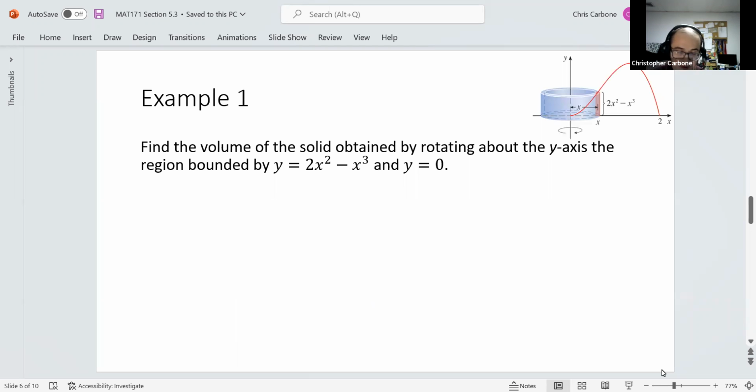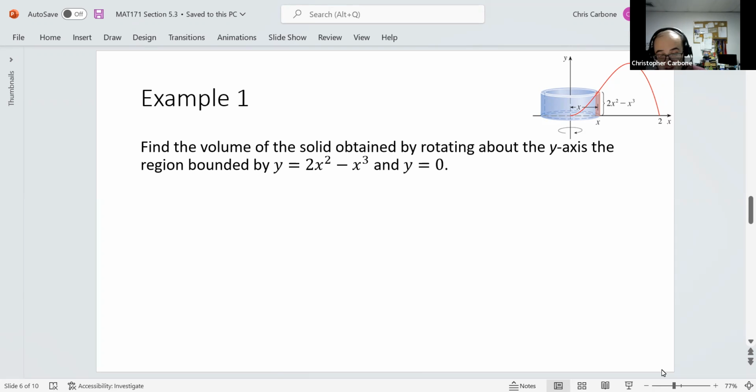For example, we want to find the volume of the solid obtained by rotating about the y-axis the region bounded by y equals 2x squared minus x cubed and y equals 0. You can see this red curve is y equals 2x squared minus x cubed.